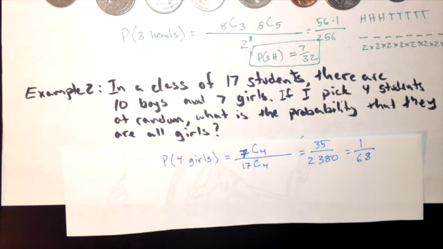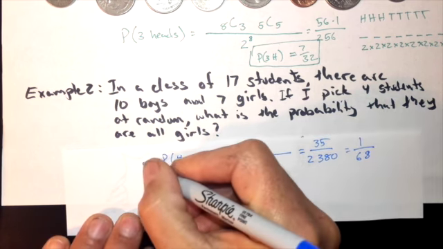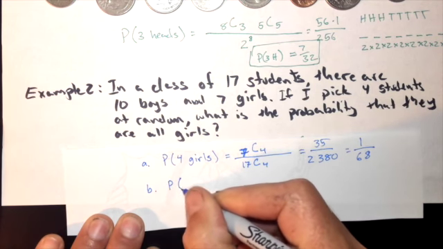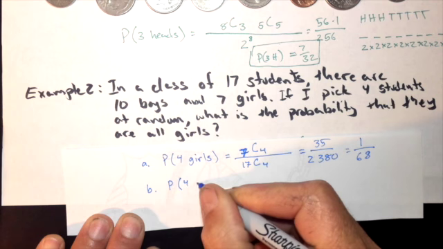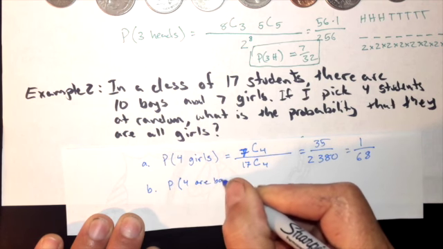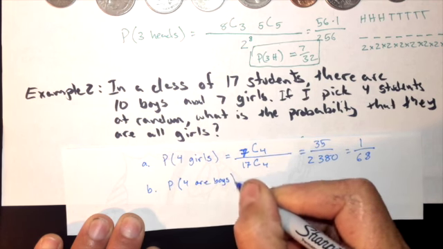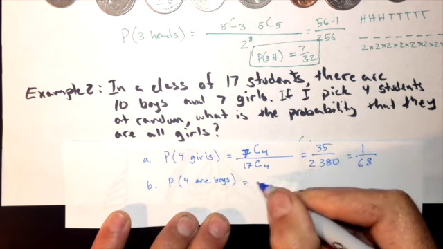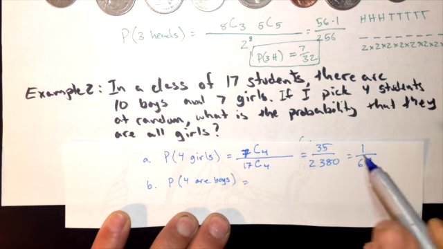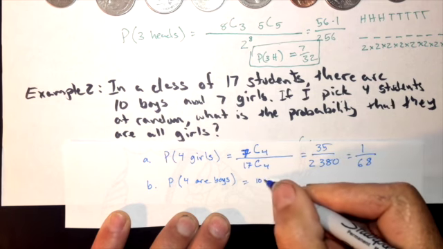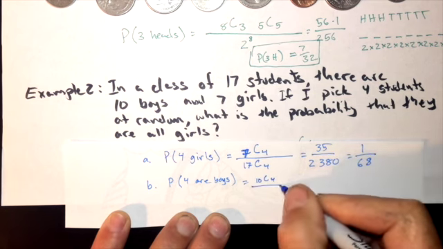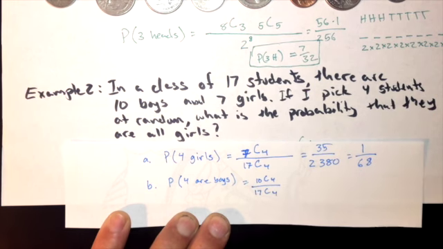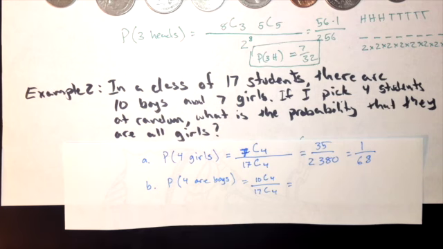Now I want you to do this other problem. So let's just say this is A. For B, I want you to find the probability that all 4 are boys. Okay, that would be, there are 10 boys, so it's 10C4, and then I'm going to say that 17C4, still the number of possible ways here.